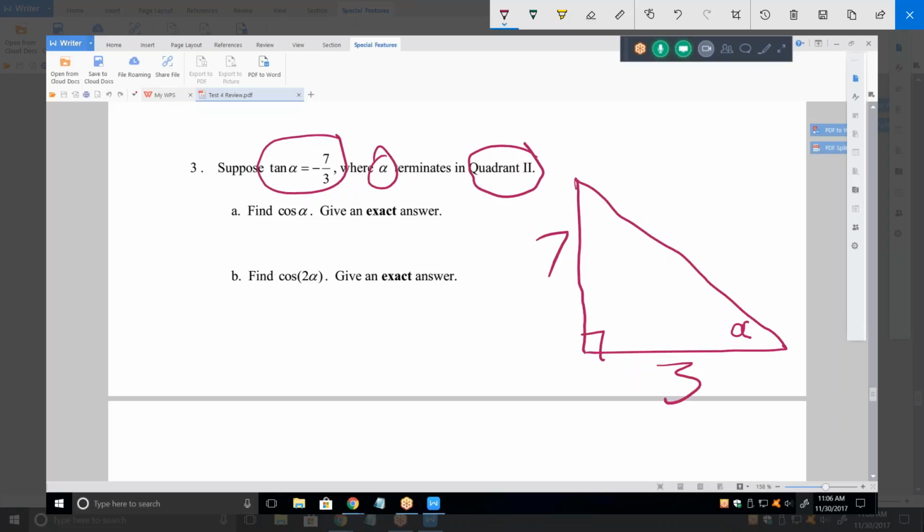In other words, we're ignoring that negative sign. We'll get to that, but not yet. Now tell me the hypotenuse. What, 58? Or not, square root of 58. Good. Now tell me the cosine of A with an exact answer.